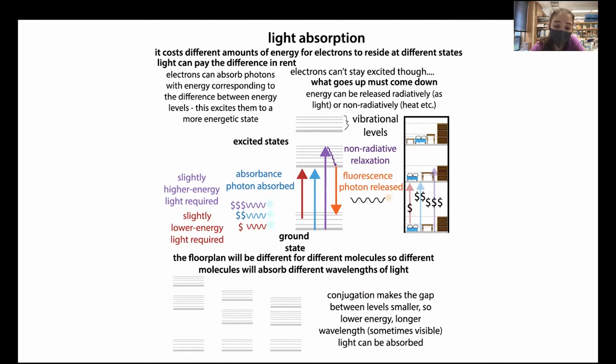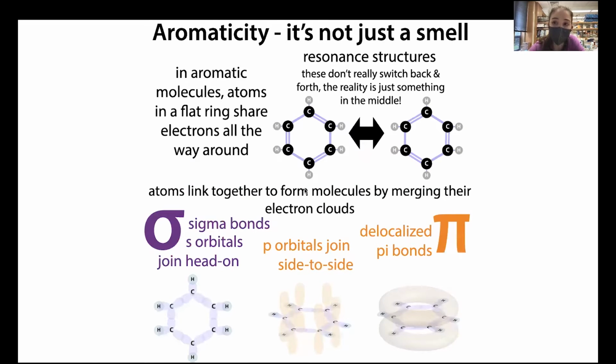And so this is why you typically see conjugation in the structures of dyes. Those often have really extensive conjugation. You'll see multiple ring systems where the electrons are being shared all throughout them. But you'll also find smaller bits of conjugation in common molecules.